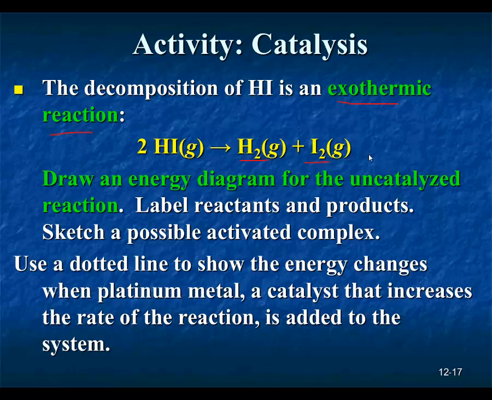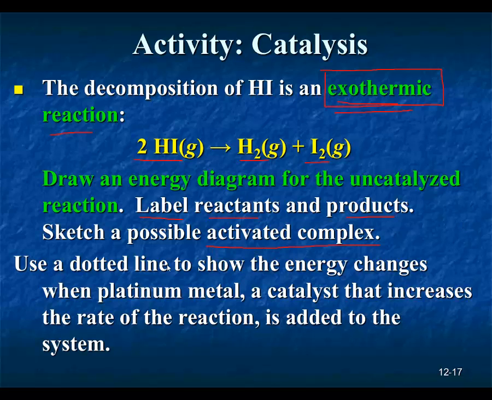When you draw this diagram, label the reactants and the products, and realize this should be an exothermic reaction, so make sure you've drawn your reaction coordinate diagram correctly to show the exothermic process. Then try to draw a possible activated complex that could be occurring as we have a collision between the two hydrogen iodide molecules. Try to show dotted lines to indicate energy changes in these cases.